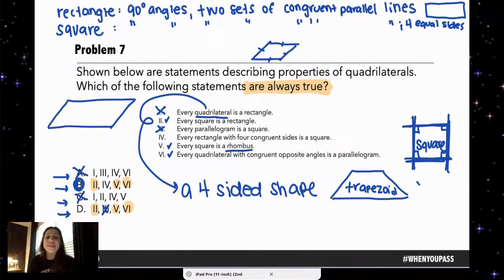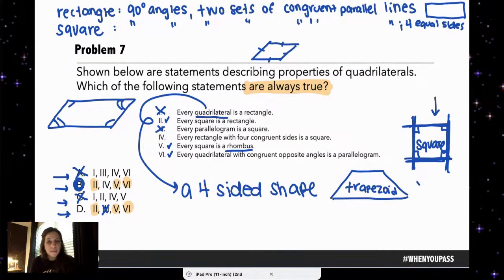So that is a rhombus that is not a square, but every square is a rhombus. Every quadrilateral with congruent opposite angles is a parallelogram, and that is true because a parallelogram has opposite angles that are congruent.